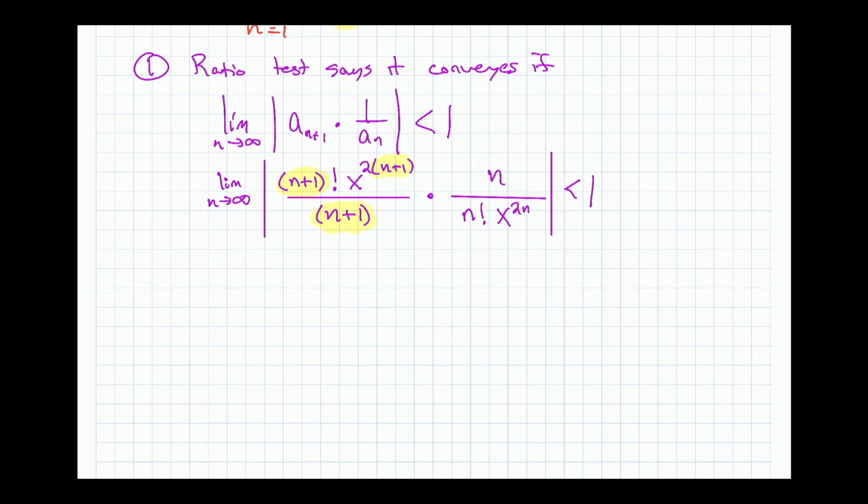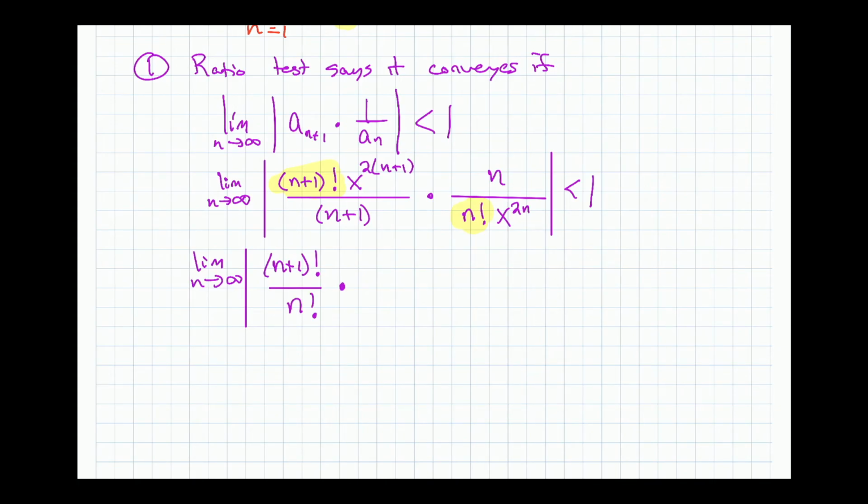So what was next? We want to group our stuff, that's how we do this. You put all the stuff that goes together. I want the factorial matched up with that factorial, so we have an n plus 1 factorial in the numerator and an n factorial in the denominator.